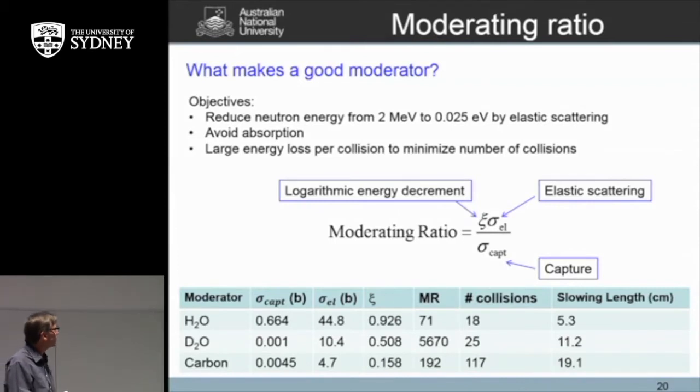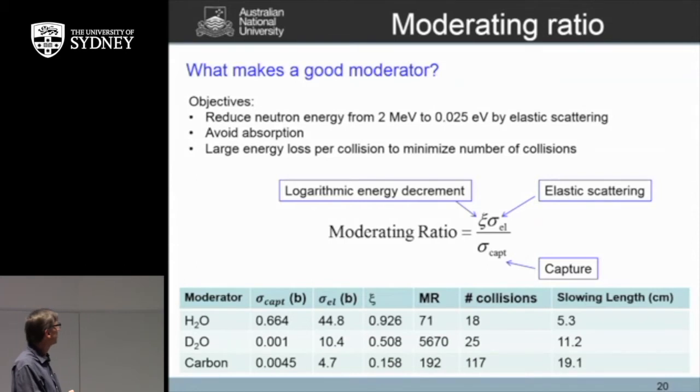So when you work this moderating ratio out, it turns out that ordinary water is okay, but not great. D2O is absolutely fantastic, and carbon is also a factor of 3 better than H2O. So this is part of the reason, or in fact the main reason, why a light water reactor has to have enriched uranium.